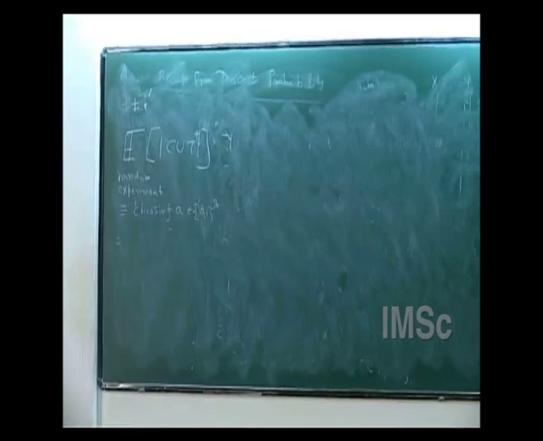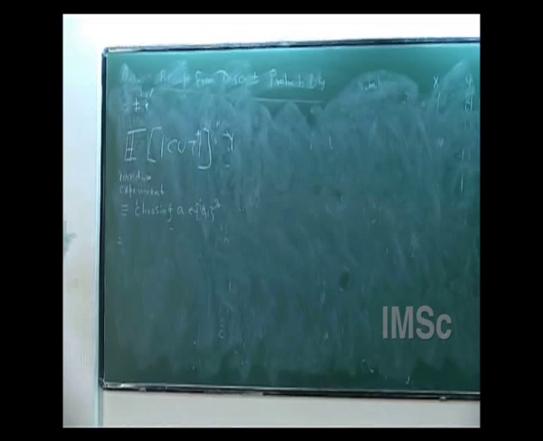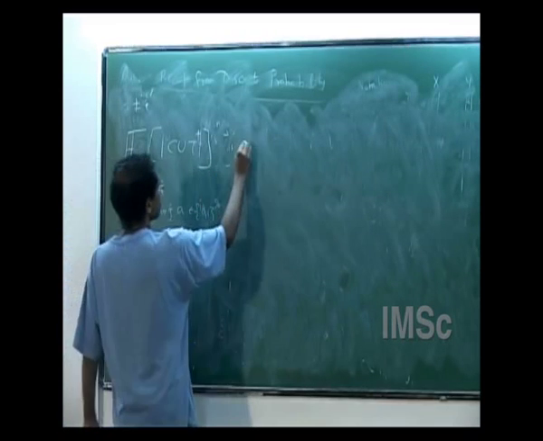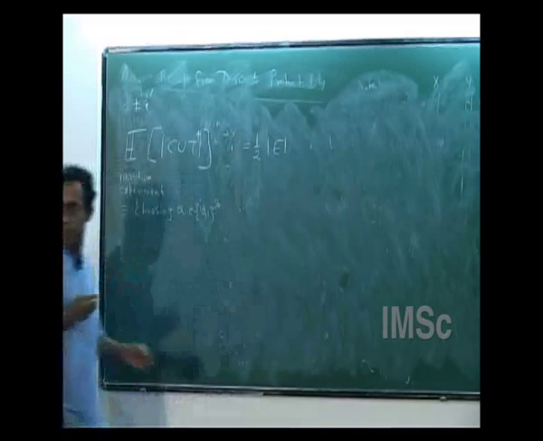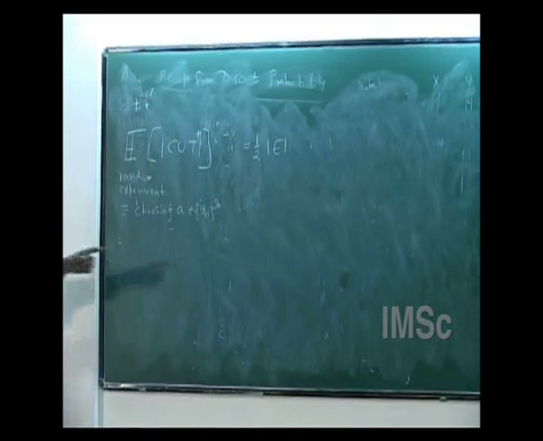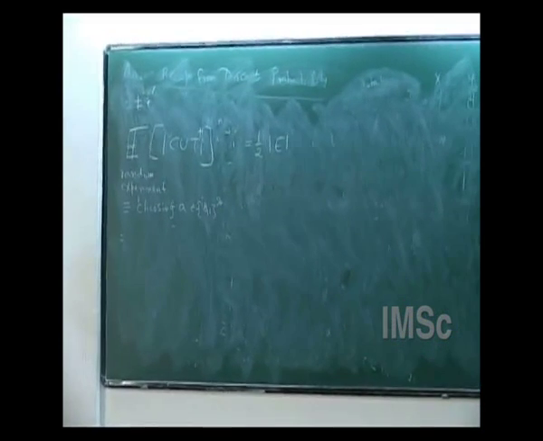There is nothing else random. So the expectation over this random quantity, the cut size, is half of |E|.